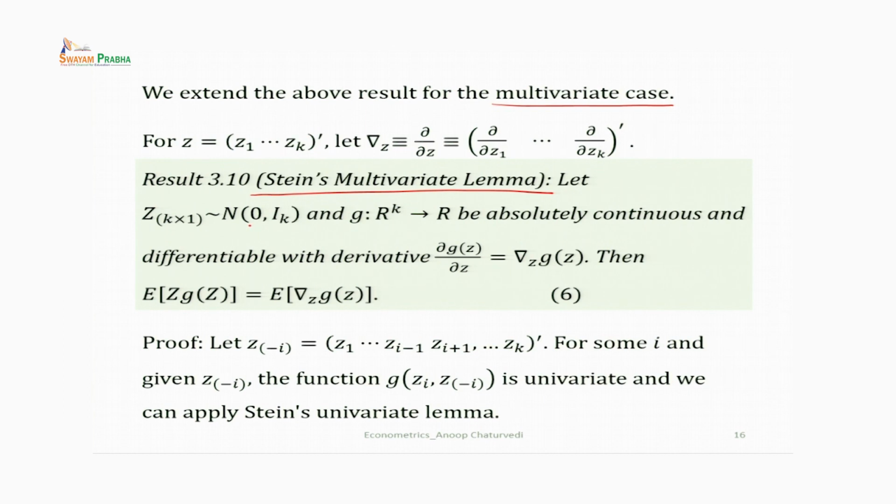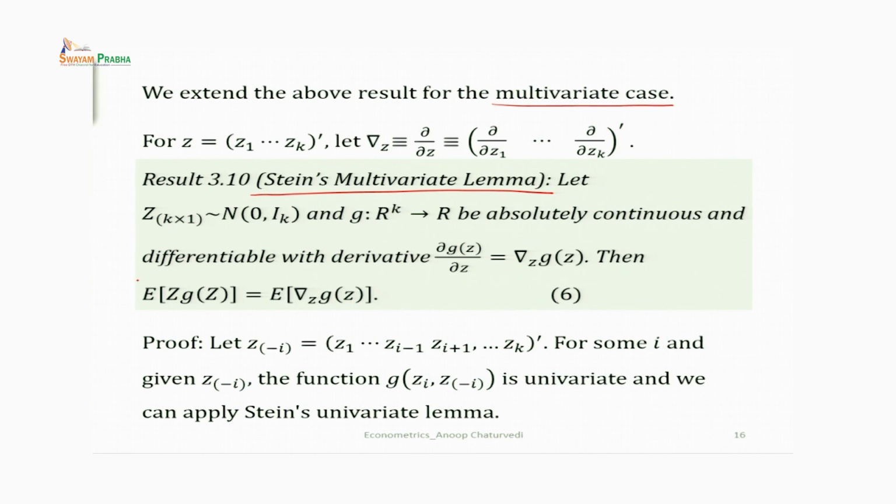So, suppose z follows a k-variate standard normal distribution and g is a function mapping from R k to R. G is absolutely continuous and differentiable, and the derivative of g z with respect to z is denoted by del z g z. Then expectation of z g z is equal to expectation of del z g z.